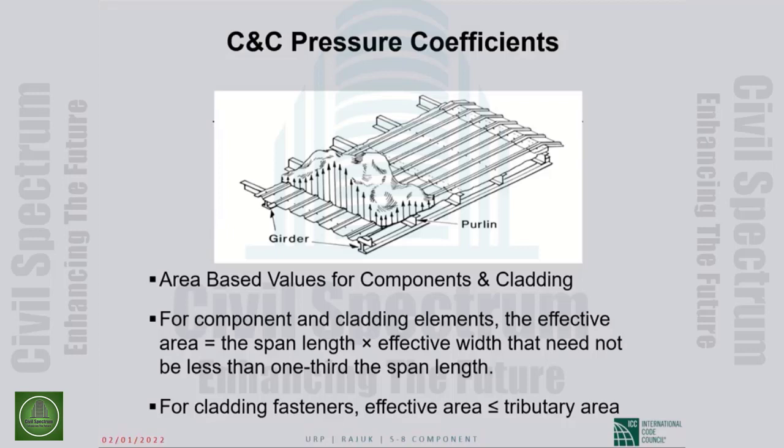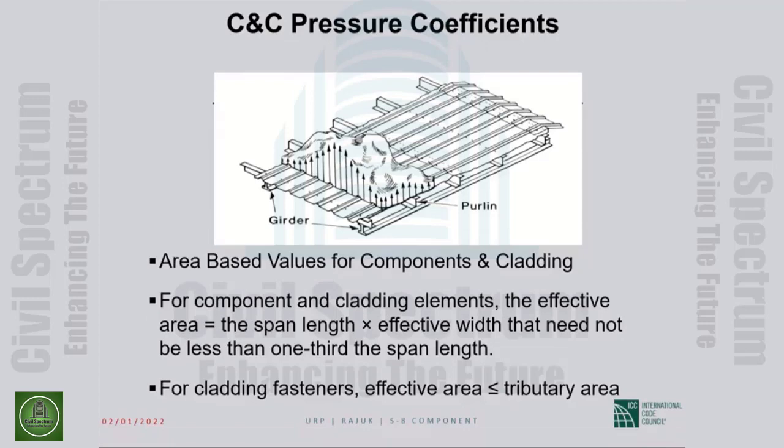When I say pressure, it includes suction. It's typically suction. For cladding fasteners, effective area is the tributary area of the fastener. That's kind of important. A bolt or a screw, when you design those, the effective area is the tributary area.